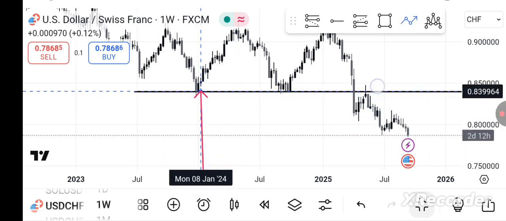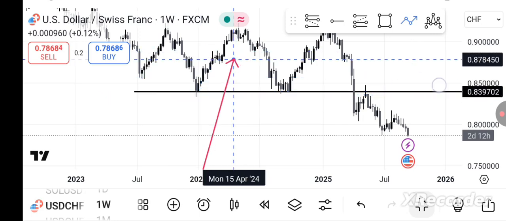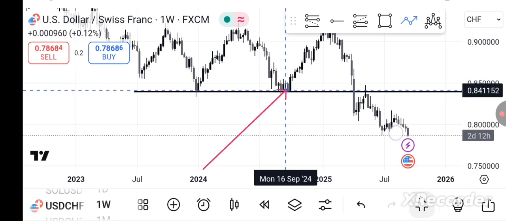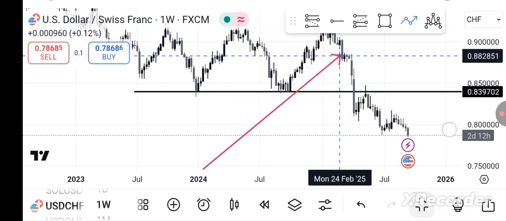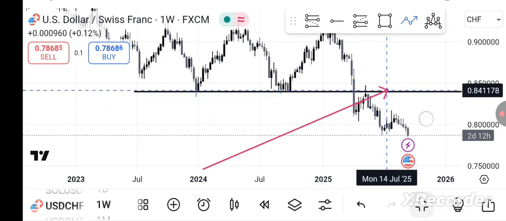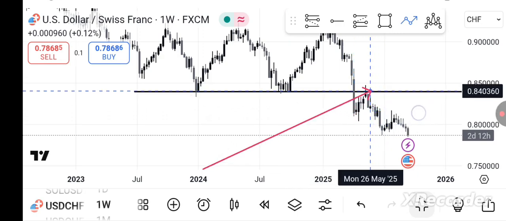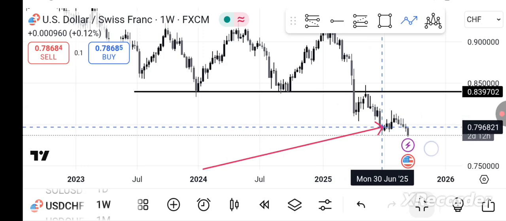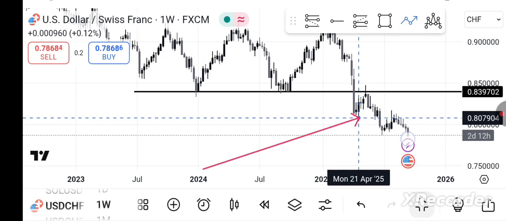It bounced up. It came back again and bounced up. When the market broke below and retested it from below, it bounced down. So it's telling you that that zone is a quality zone, a very strong and rigid zone.